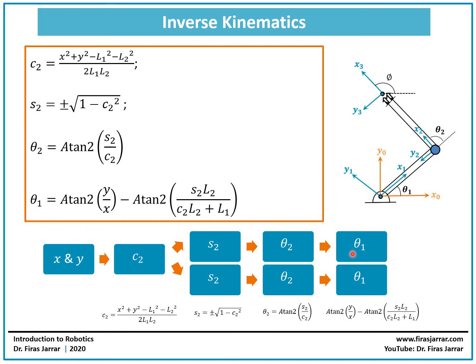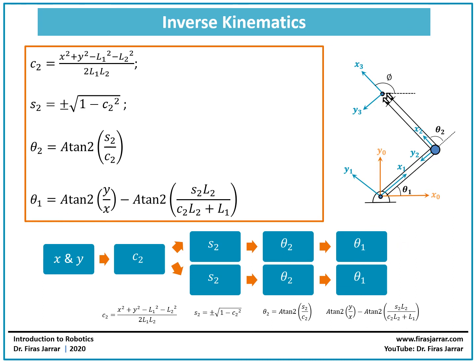So the solution to this problem will be a pair of theta 1 and theta 2. Two pairs, in fact. Here in the figure we can see one possible solution, a theta 1 value and a theta 2 value. The second solution would be a mirror image of what we have here.